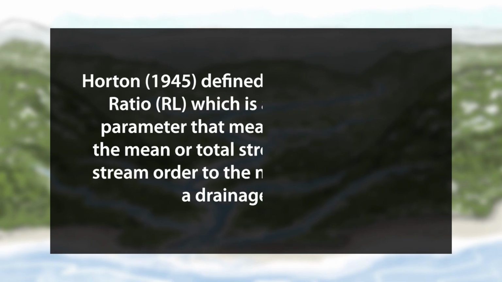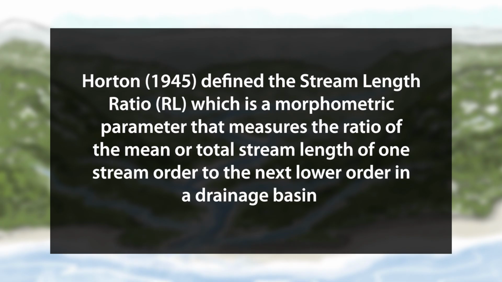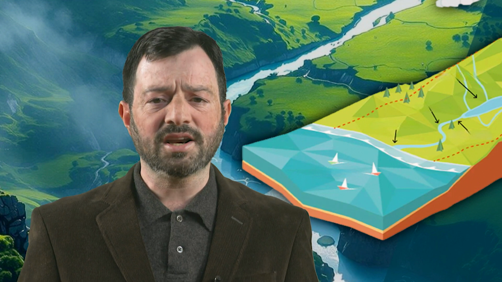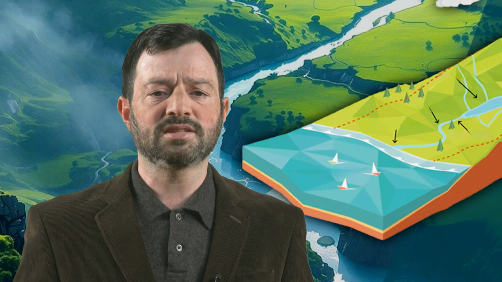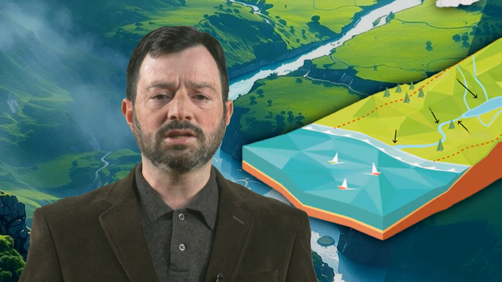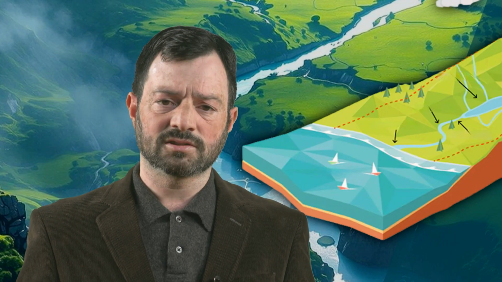Horton in 1945 defined stream length ratio, a morphometric parameter that measures the ratio of the mean or total stream length of one stream order to the next lower order in a drainage basin. It helps in understanding how the length of a stream increases with increasing stream order, revealing the basin's geomorphic, hydrological and structural characteristics.